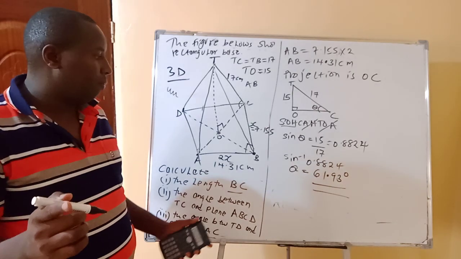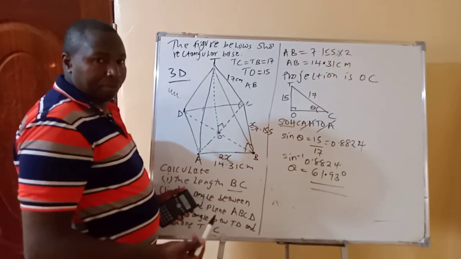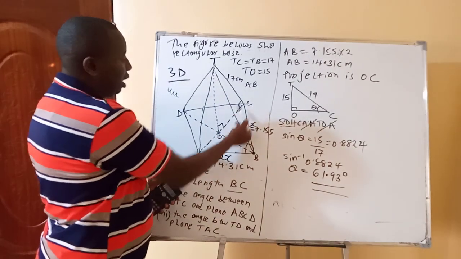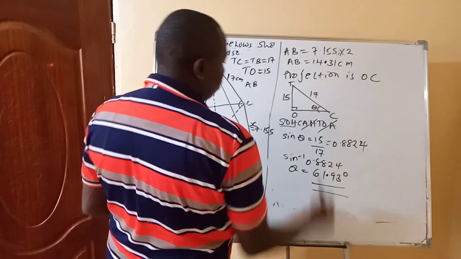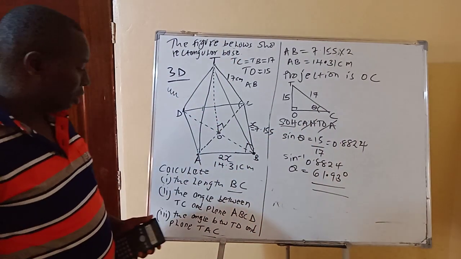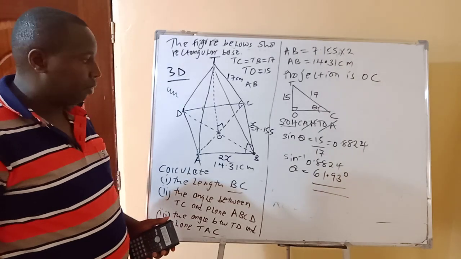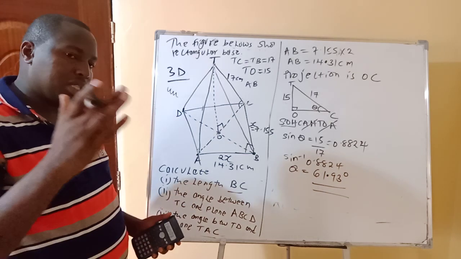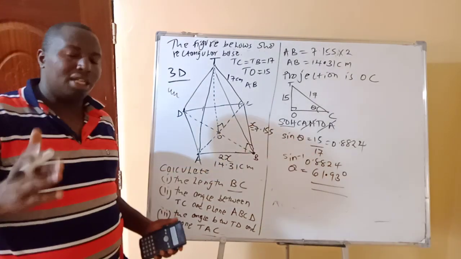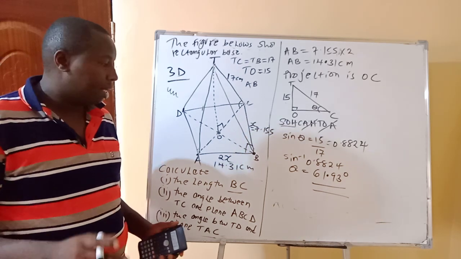That is the angle between a line and a plane. It is the angle between the line and its projection on the plane. So the angle that we needed was 61.93 degrees.